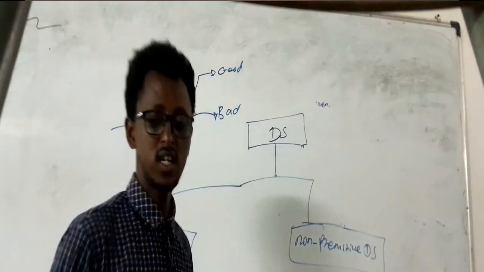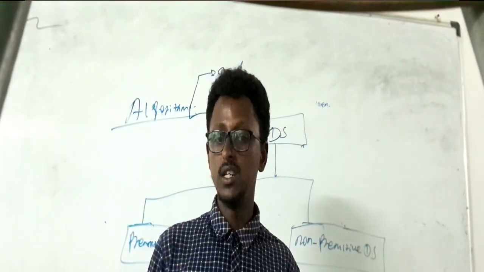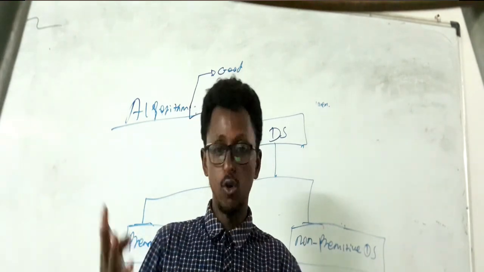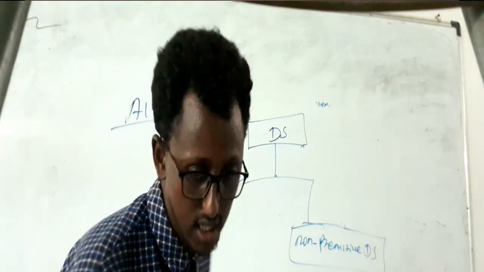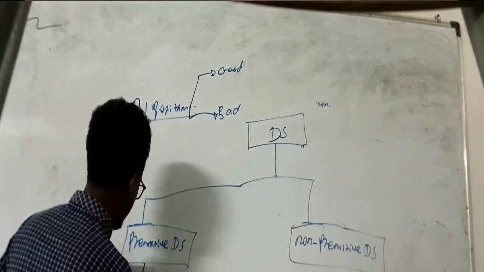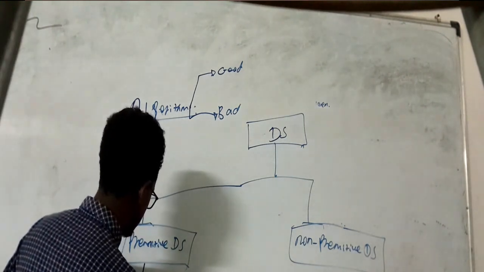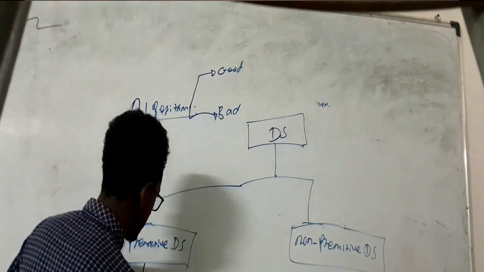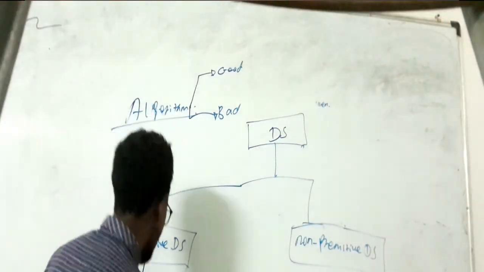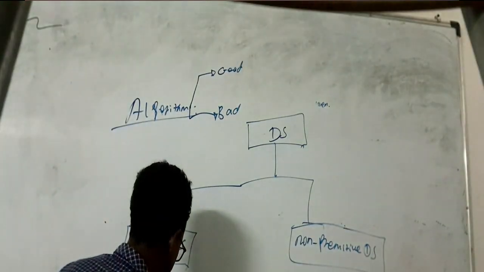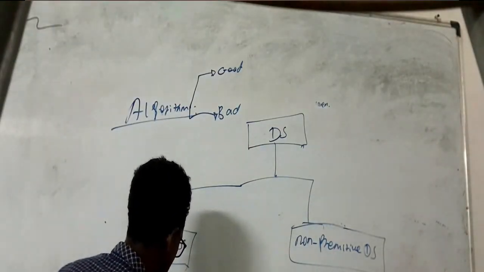So what is primitive data structure? The first one is the basic or the fundamental data structure in real-world scenarios. For example, as fundamental data structures: integer numbers, floating numbers, next one, characters, pointers.